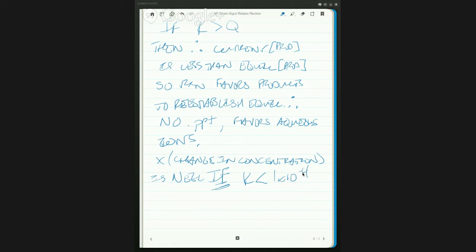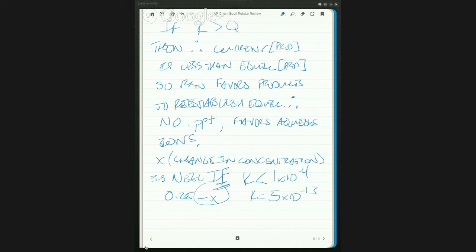That's how you know. And it's always referring to a situation like in an ice table where you have 0.25 minus X. Then the X is negligible if, for example, K is equal to 5 times 10 to the negative 13th.